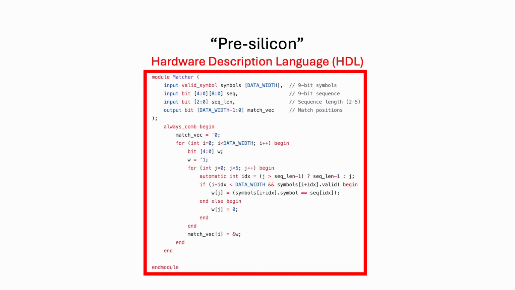So to understand the challenges of verification, it's helpful to go over some basics of hardware design, specifically what a hardware description language is. You can see in this little excerpt here, there's some SystemVerilog code, which is one of the types of languages that hardware designers use to specify digital logic.